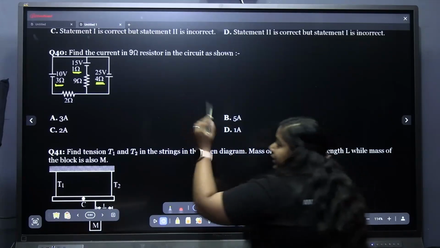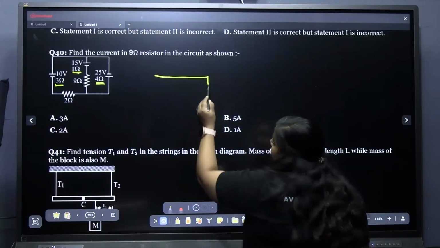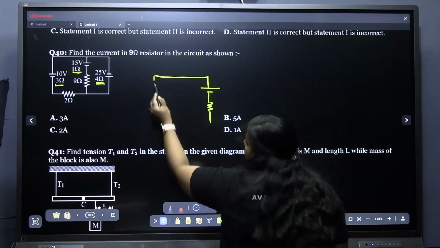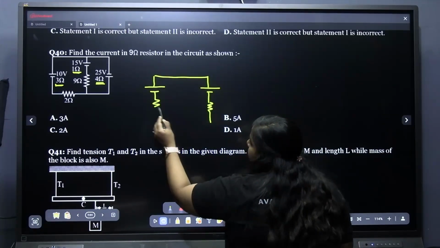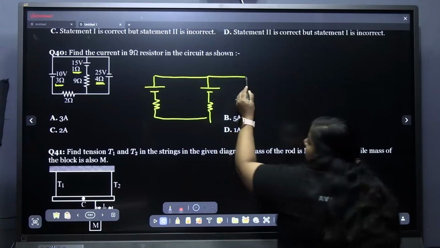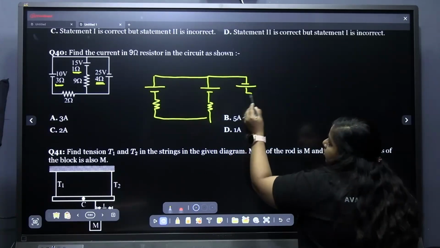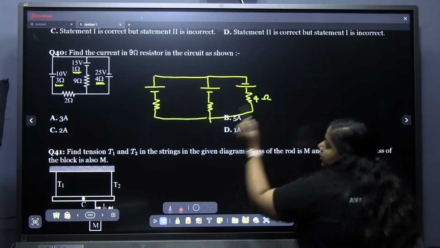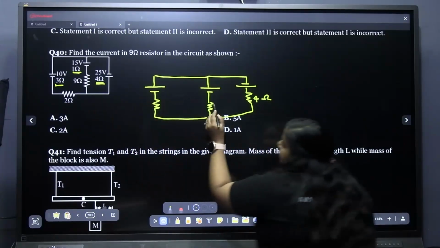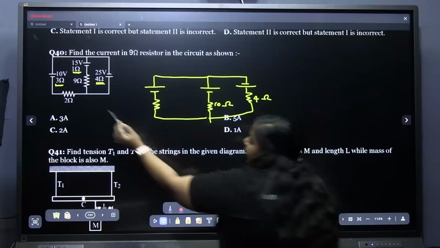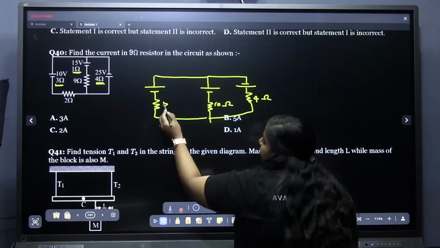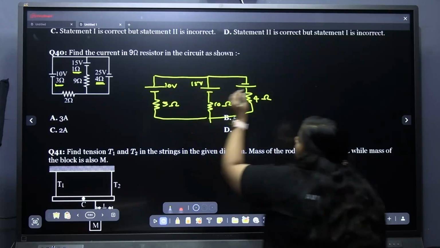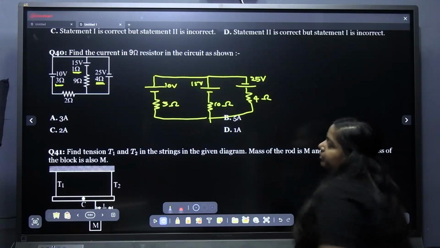So, I am redrawing this circuit. Here this is 4 ohm. This 1 ohm I added with this and it became 10 ohm. And 3 I added with 2, it became 5 ohm. Okay. 10 volt, 15 volt, 25 volt.